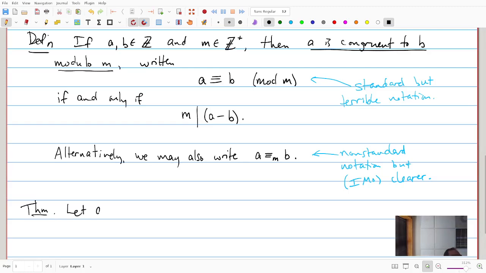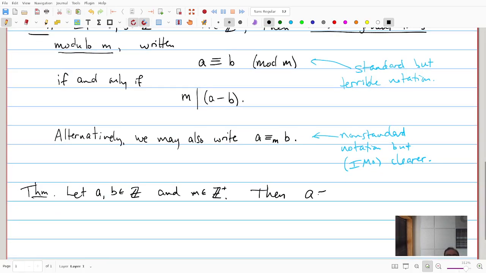Okay, let A and B be integers, and M is a positive integer. Okay, and then we're going to say that A is equivalent modulo M to B if and only if there exists an integer k such that A equals B plus km.